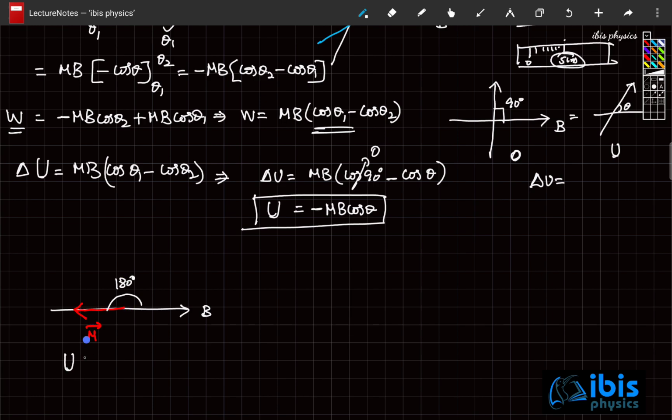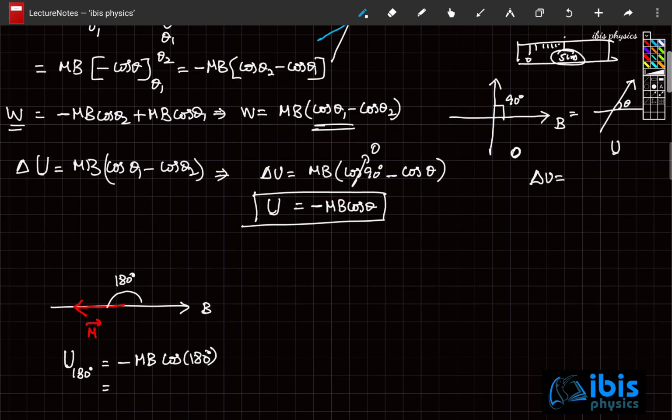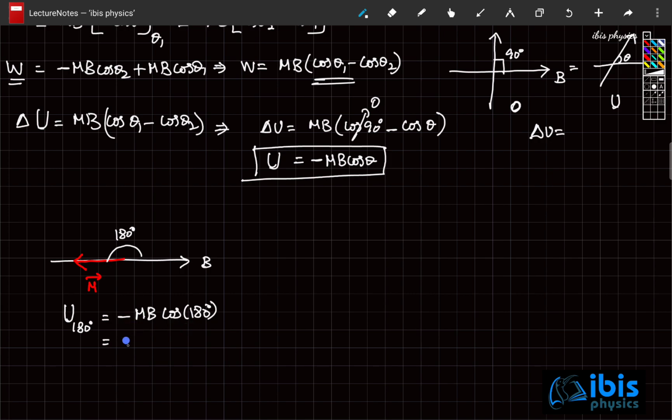So the energy of a dipole when it is anti-parallel, that is at 180 degree, equals minus mb cos 180 degree. Cos 180 degree is minus 1, so minus 1 into minus mb becomes plus mb. So it has a positive energy.